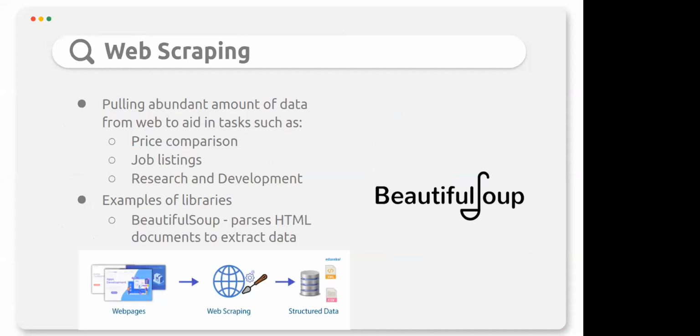Another way you can use Python is in web scraping. If you don't know what web scraping is, it's basically pulling an abundant amount of data from a web page in order to aid in tasks such as listing jobs, price comparisons, whether you want to buy low quality bread that's $2 or high quality bread that's $15, and in research and development.